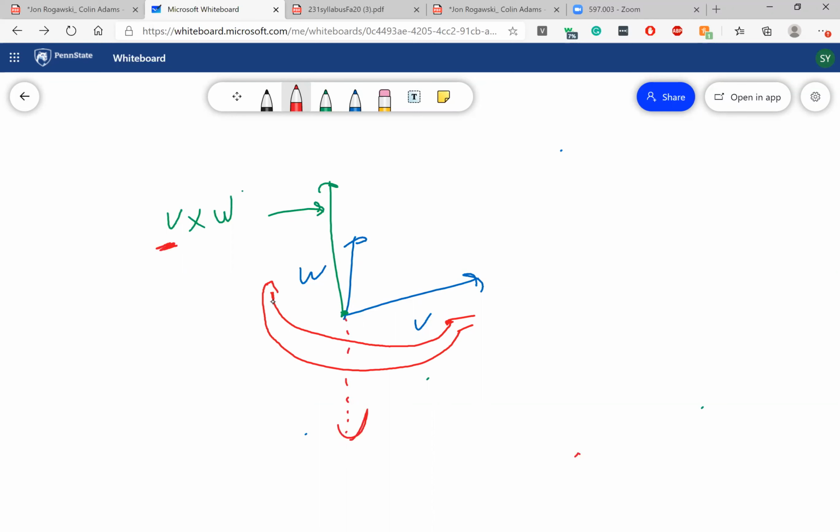We're talking about the right hand. And then we look at the direction in which our thumb is going to be going. In this case, our thumb is going to be pointing in the upwards direction. So we know that the vector v cross w is going to be pointing in the upwards direction.